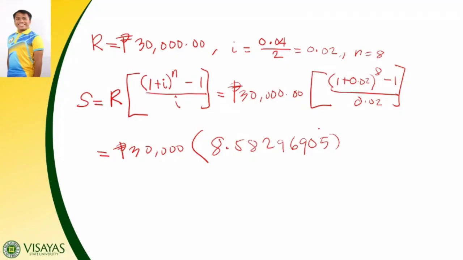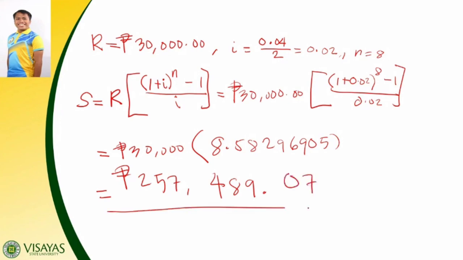Then, ato na siya i-multiply ni 30,000. So, the answer here is 257,489.2, 2 decimal places lang ta. So, this is your accumulated value of the annuity. I hope the same ang solution.